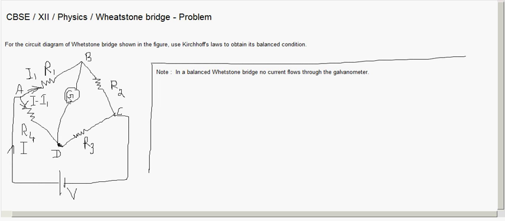Now because the bridge is balanced and no current flows through the galvanometer, the whole current comes to node B and flows through R2. Therefore the current through R2 is also equal to I1. Similarly, the current through R3 will also be equal to the current through R4, which is I minus I1.